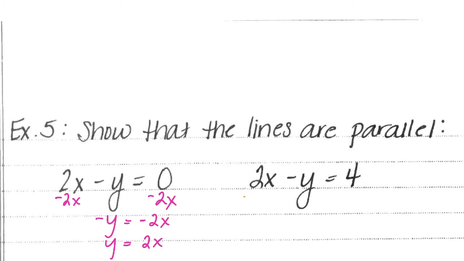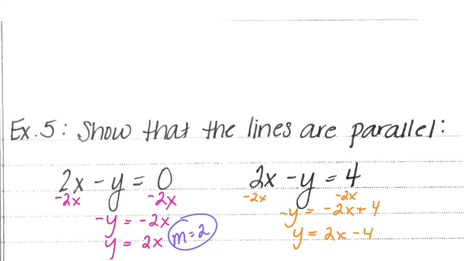And if I solve this one for y, I get negative y equals negative 2x plus 4. And when I change all the signs, y equals 2x minus 4. So notice that here, my slope is 2. And here, my slope is 2. And that would be how I prove and show that these two lines are parallel.